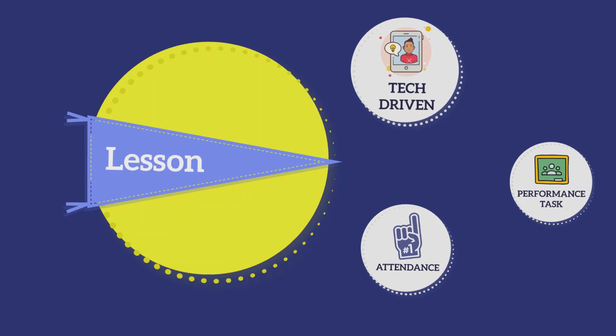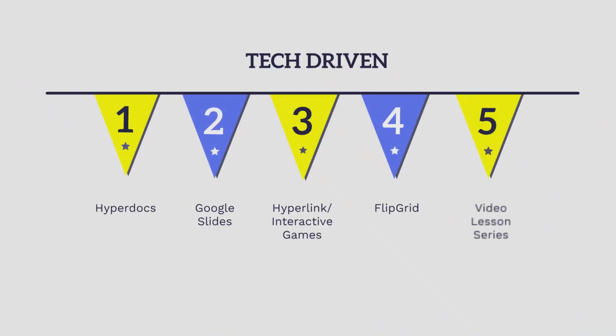So our lesson flow will focus on these three things. It will be tech-driven. I will also be discussing your performance task and also your attendance. So let's first discuss the tech-driven. What is that?